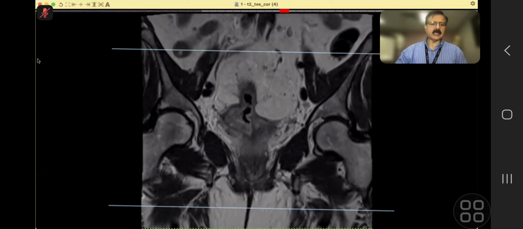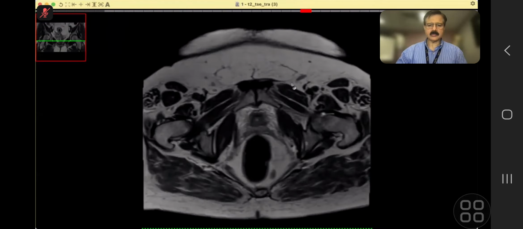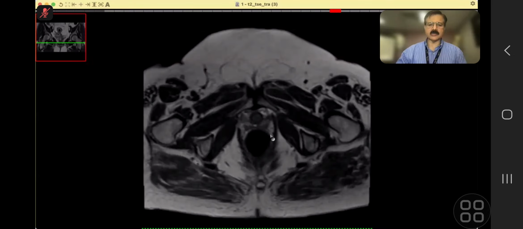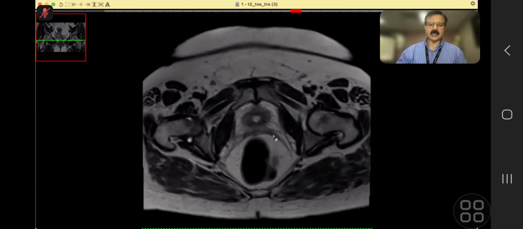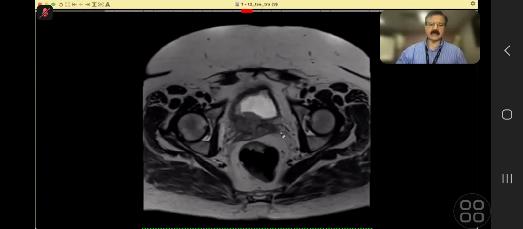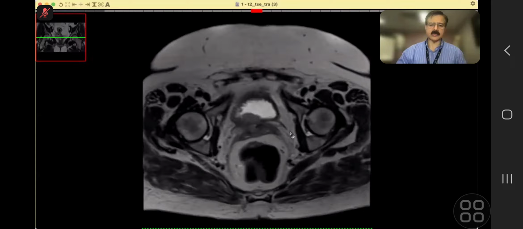Then comes the axial, this one. So this is the urethra, this is the vagina, the anorectal junction. We are coming up, and as we come up, this is the vagina, and part of the tumor, actually, you can physically see it invading the vagina on an axial. And this is what these sessions are about.